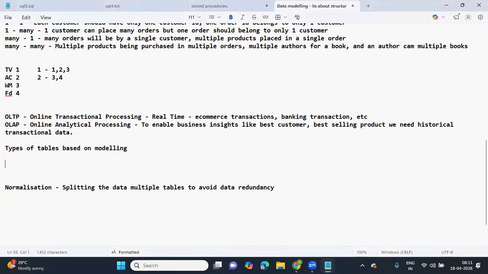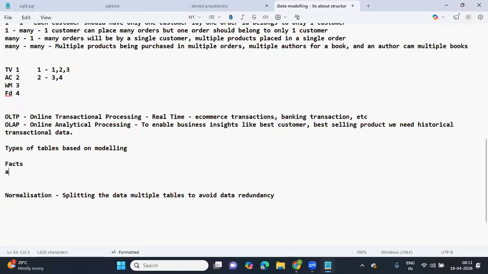Okay, facts and dimensions. So let's see what it is. Dimension means descriptive nature, it describes something.